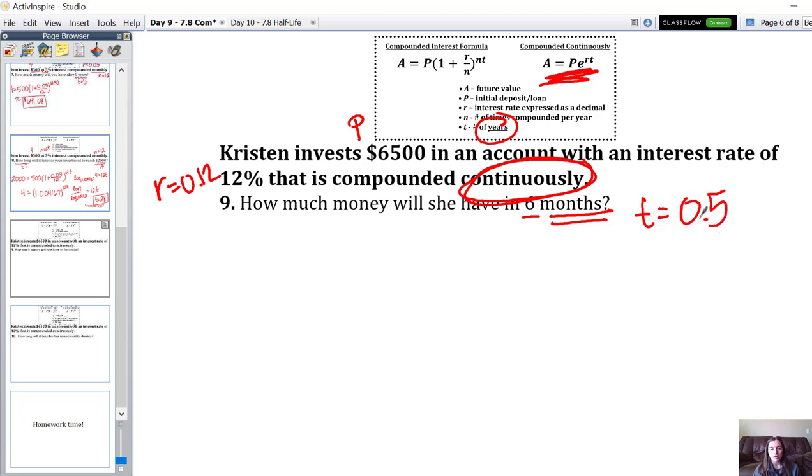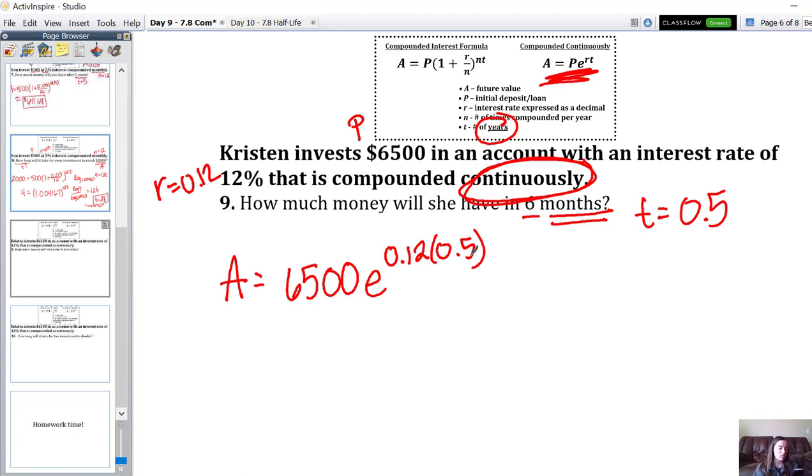So using our compounded continuously formula, we're looking for A. We need to know the amount of money in a certain number of years, equals our principal, which was 6,500, times e to the power of 0.12 times 0.5. Now again, our variable is all by itself, so this is stuff that we could just type straight into the calculator.